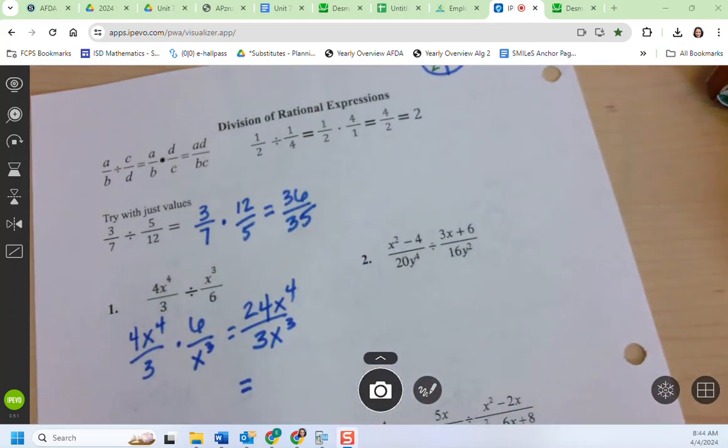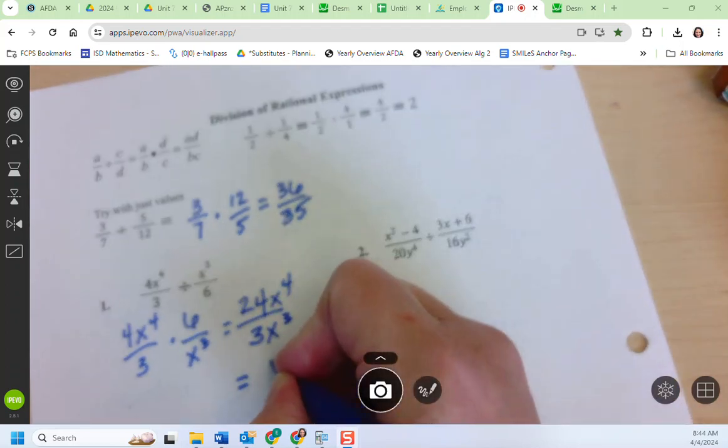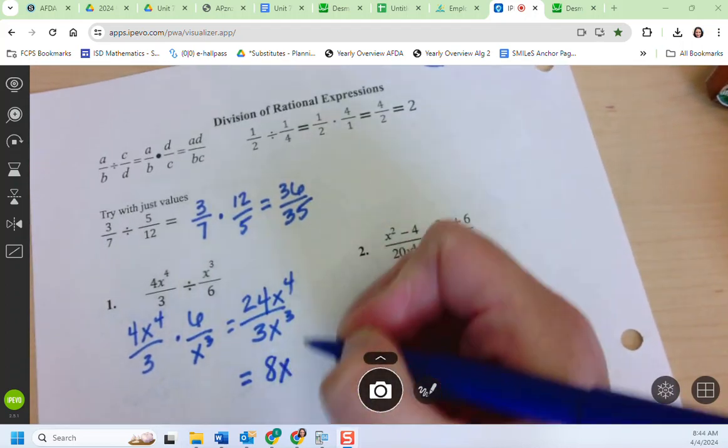All right, if you have an answer, compare it with your neighbor. I'm getting 8x. Anybody else getting 8x?